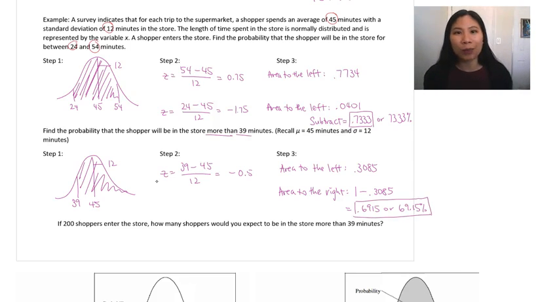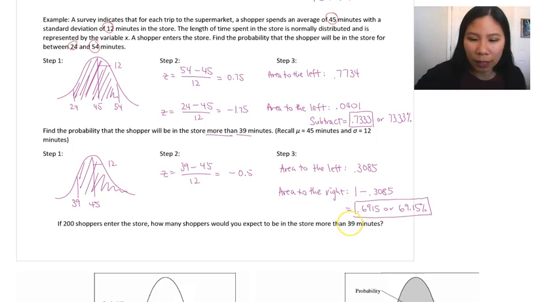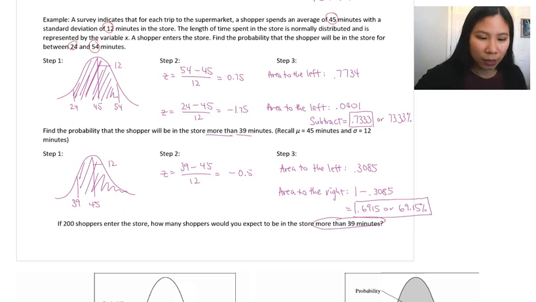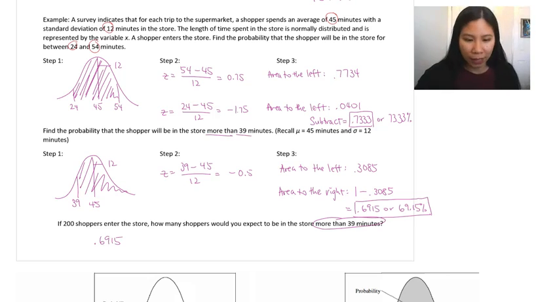Cool, there's our probability. All right, last thing I want to talk about here is a slightly different question. The last thing I want to answer is, if 200 shoppers enter the store, how many shoppers would you expect to be in the store more than 39 minutes? So here, they're asking about more than 39 minutes, like in the last question. So the probability of more than 39 minutes was 0.6915, or 69.15%.